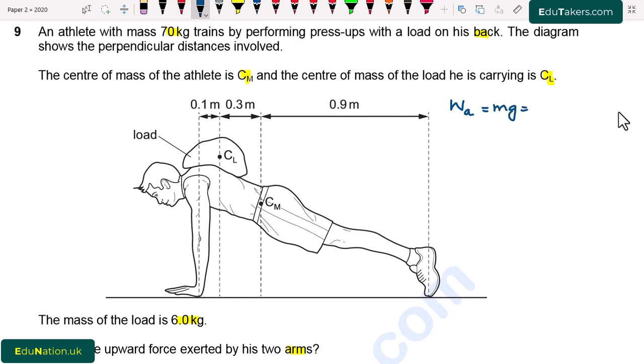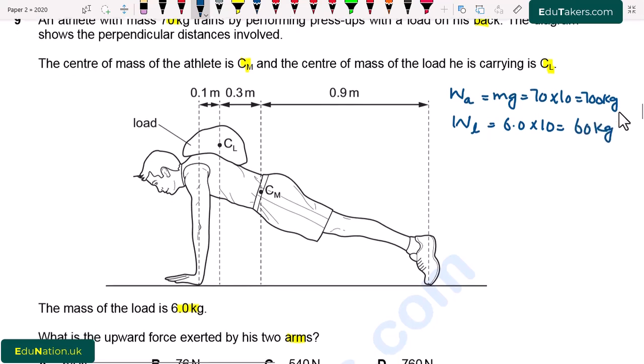The mass of the athlete is 70 multiplied by g, which is 10. It will be equal to 700 N. Next, the mass of the load is 6.0 multiplied by the value of g, which is 10. So the weight of the load will be equal to 60 N.